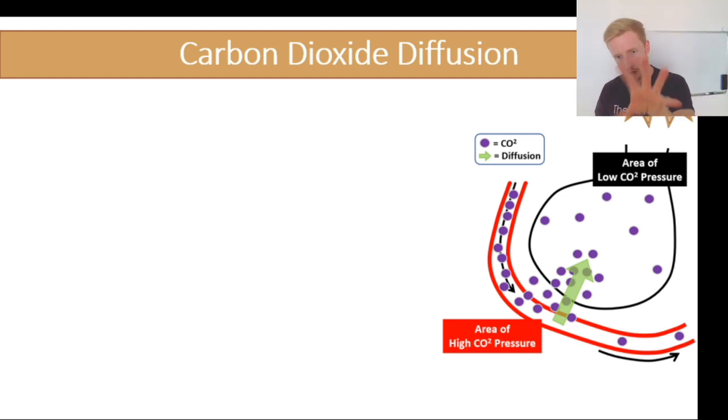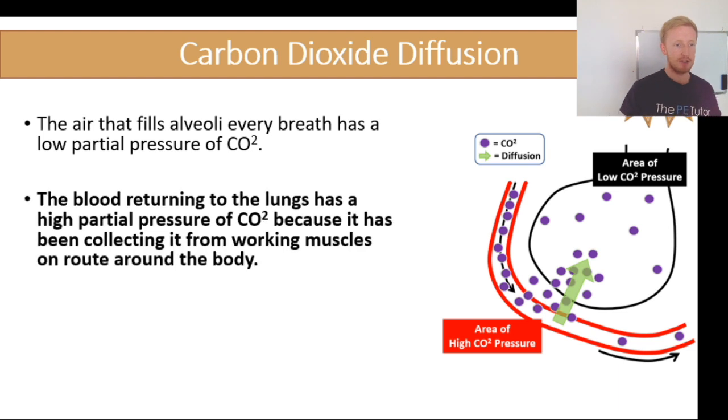So we've got large amounts of carbon dioxide, higher partial pressures of carbon dioxide in our blood compared to how much carbon dioxide is in the volume of air that's currently inside of our alveoli. The air that fills the alveoli every breath has a low partial pressure of CO2.